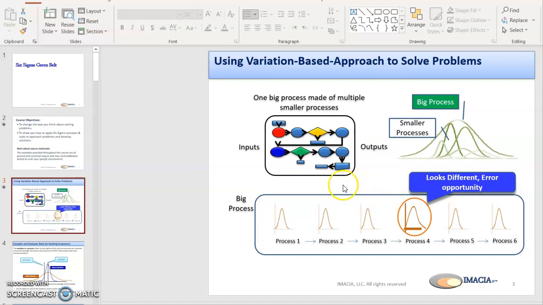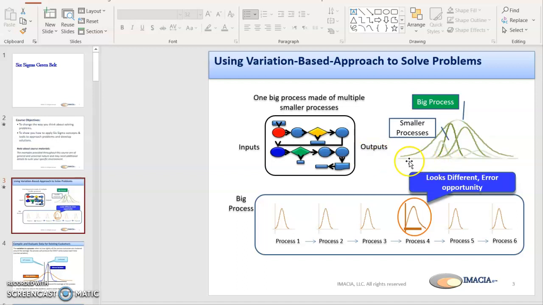This may sound busy, but every process is basically some inputs going into the process, and then some main action that takes place here, and then you have outputs. And this big process is made of little processes, many processes, and they interact with one another to deliver an output that the customer is looking to get.